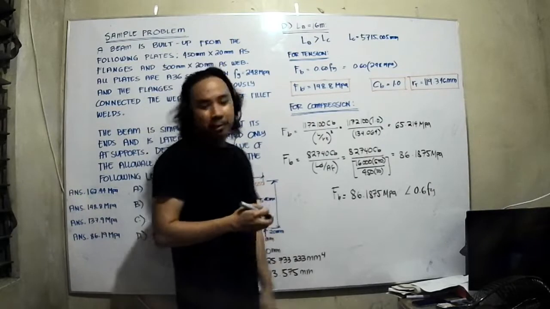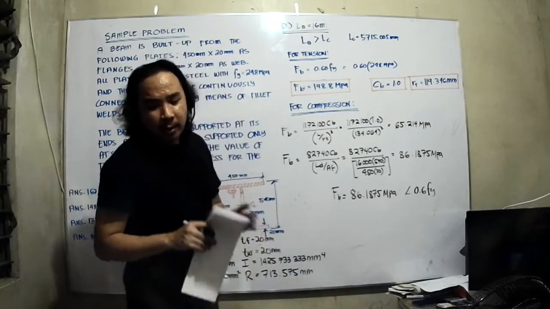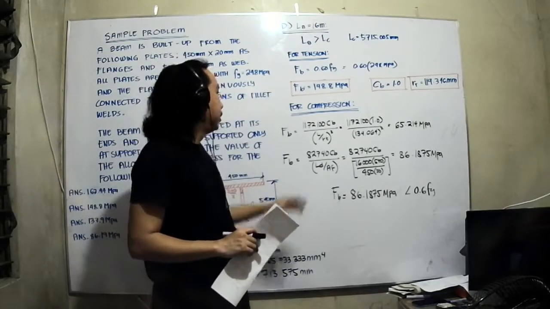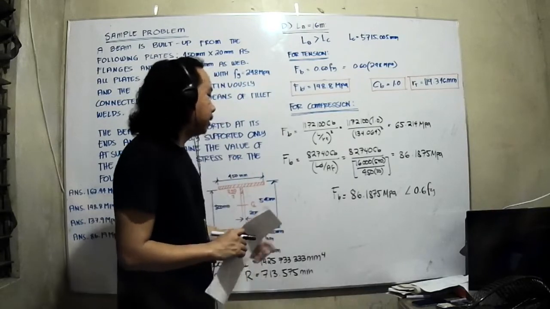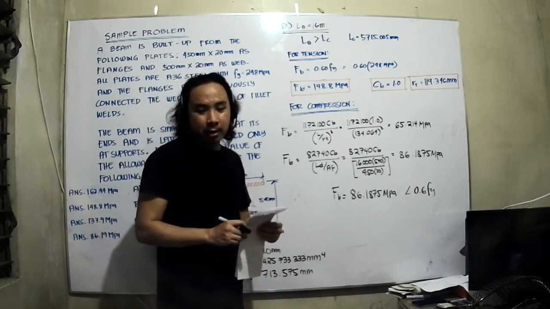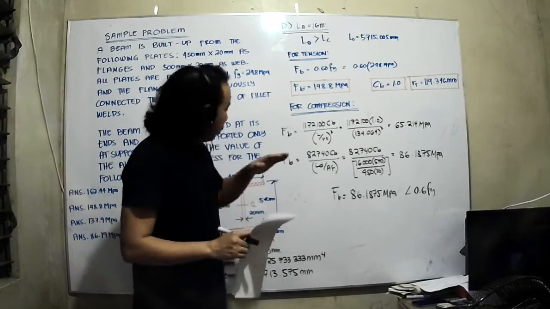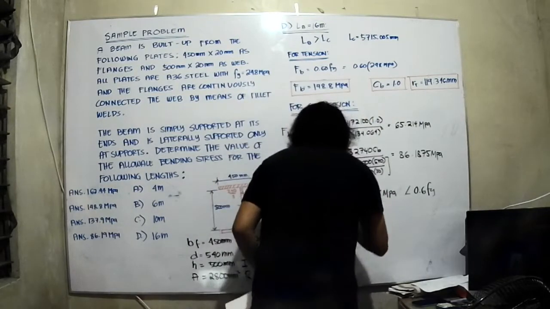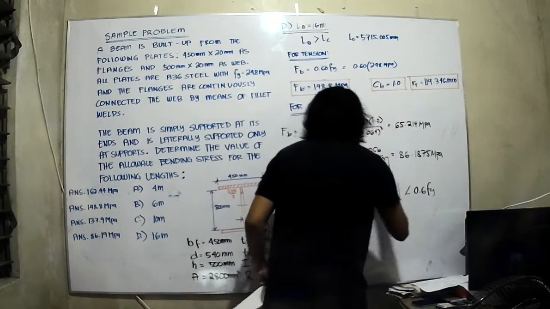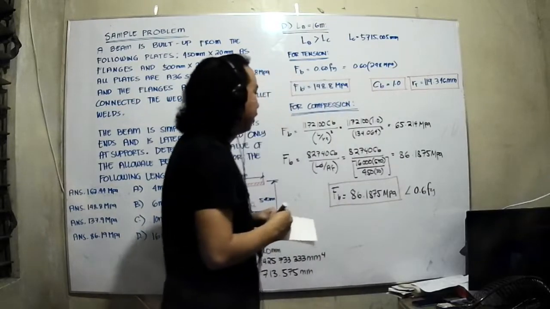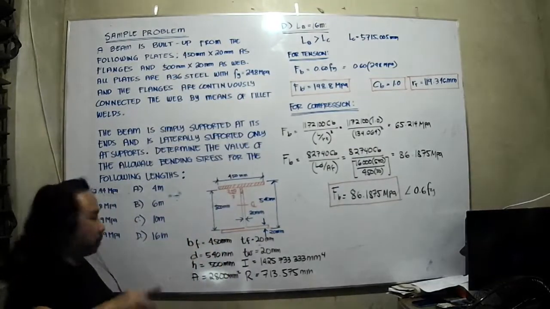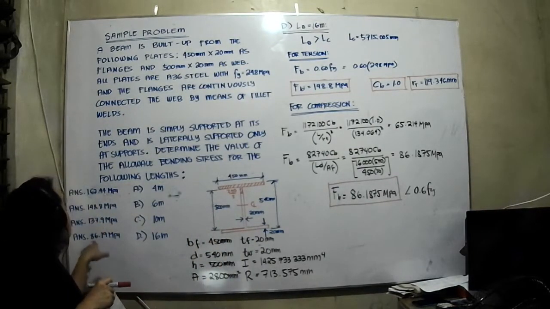Finally, compression versus tension: tension is 148.8 versus compression, which is smaller, 86.1875. What governs the design? The smaller parameter, right? So this is ultimately what we will use. Answer: 86.19 MPa. This was a tedious problem to solve.